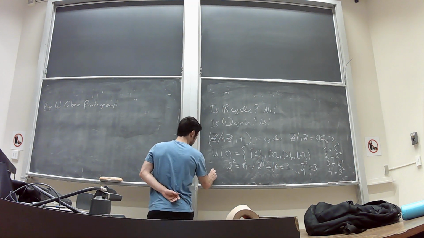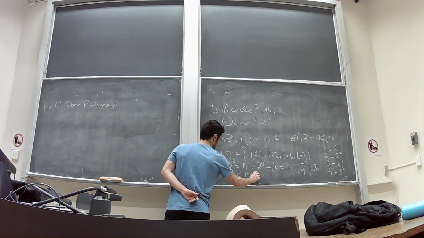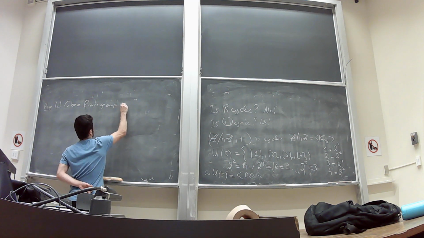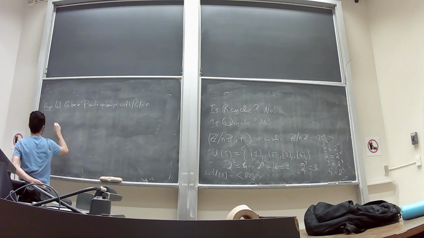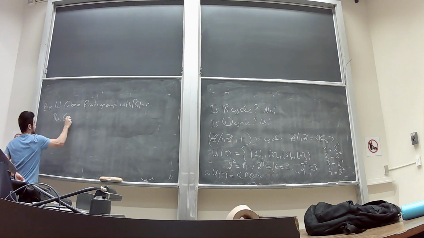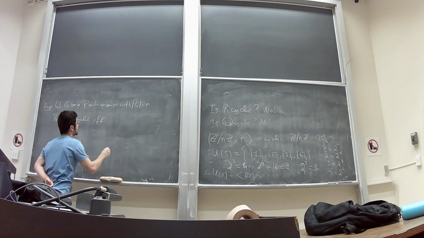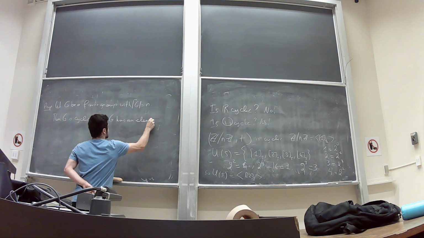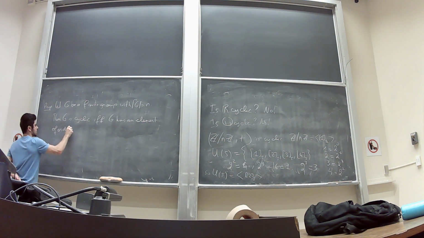So U5. Okay? Great. Let G be a finite group of order n, with n elements. Then G is cyclic if and only if G has an element of order n.